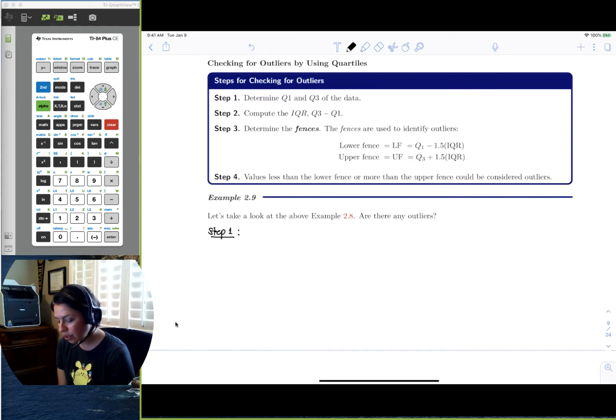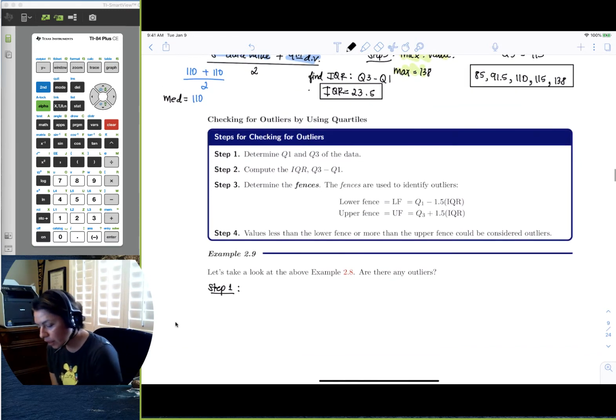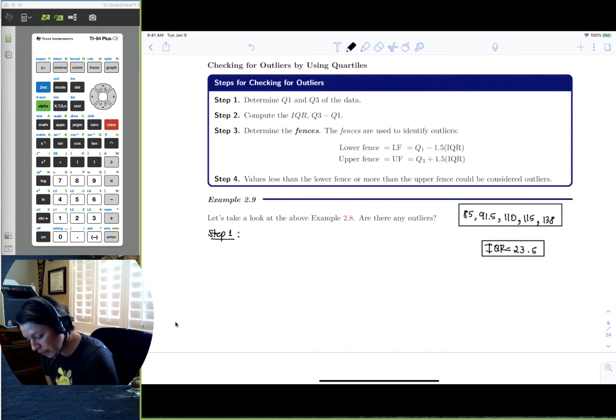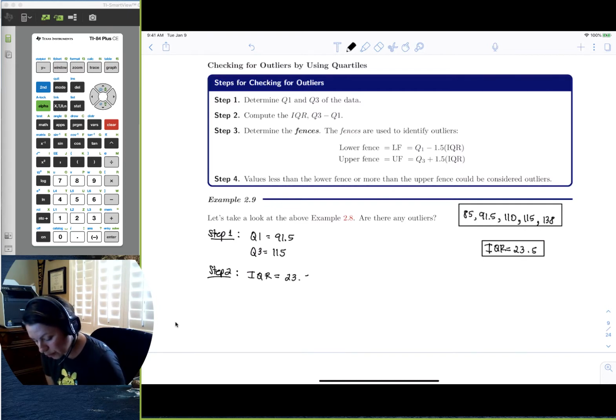If we go up just a little bit, we can see here is our 5-number summary, and then here's the IQR that we also found. We can easily see that Q1 is equal to 91.5 and Q3 is equal to 115. Step 2 is computing the IQR, and we did the IQR in the previous problem and found it to be 23.5.